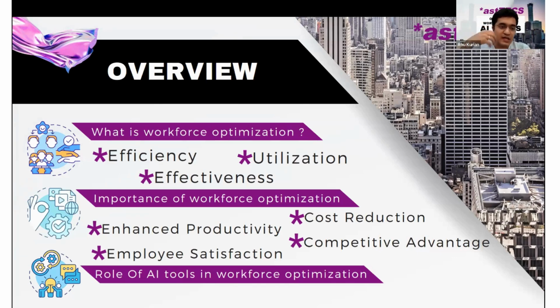Similar to cost reduction is enhanced productivity. Same thing, a process that could be running in 4 months could finish in 2 months, which would mean that you are effectively utilizing each of the components to complete a task. Now, employee satisfaction. You always want to think of a happy employee as an employee that would efficiently work and give more productivity.